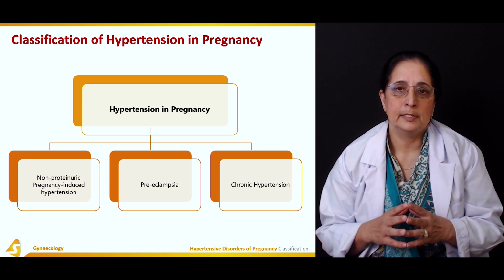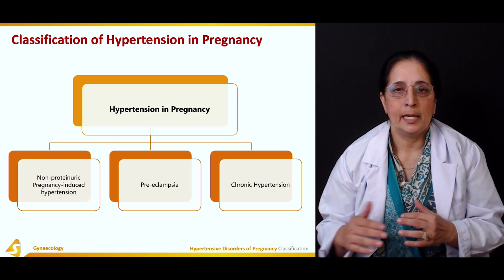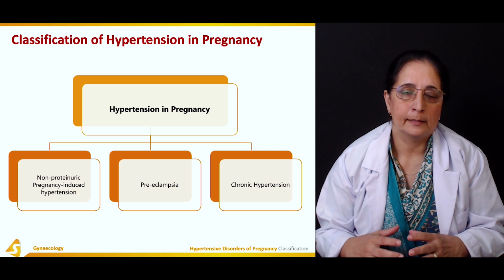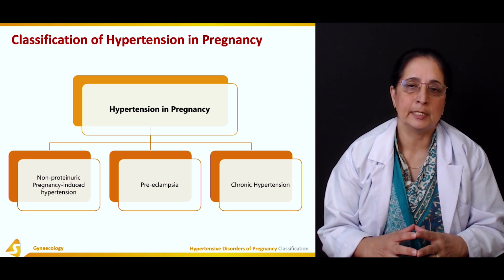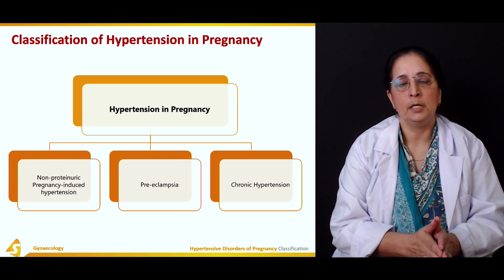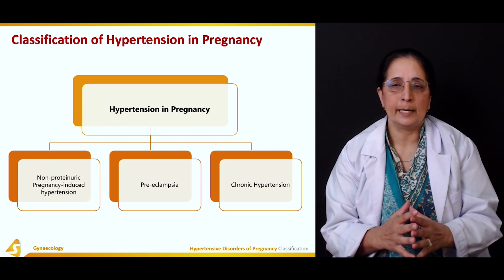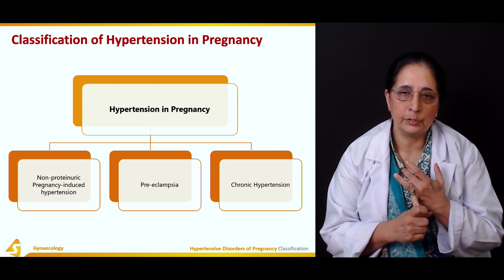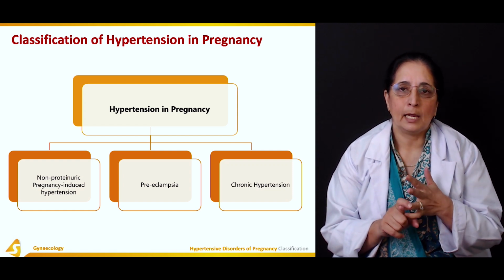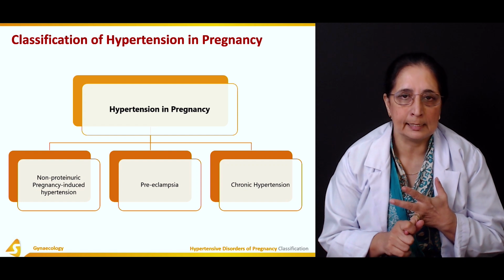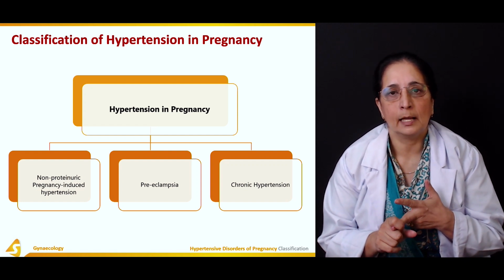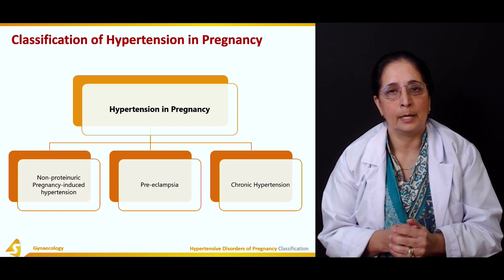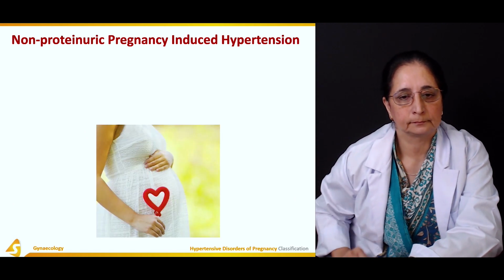That's the difference between the two types. And then we have chronic hypertension, which is present even before the pregnancy. So three main types: gestational non-proteinuric type, pre-eclampsia, and chronic hypertension.